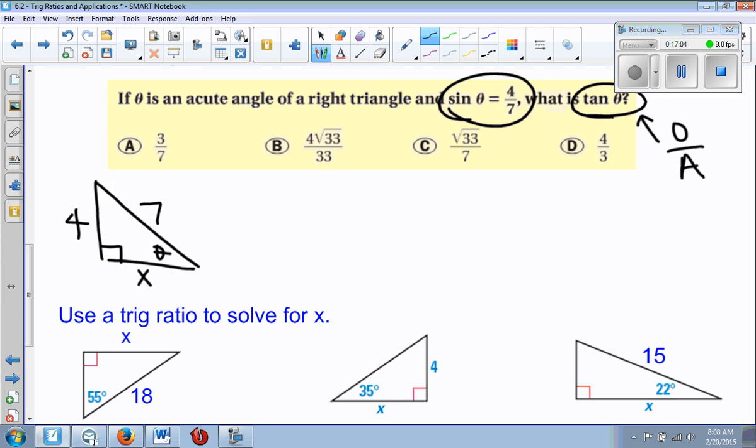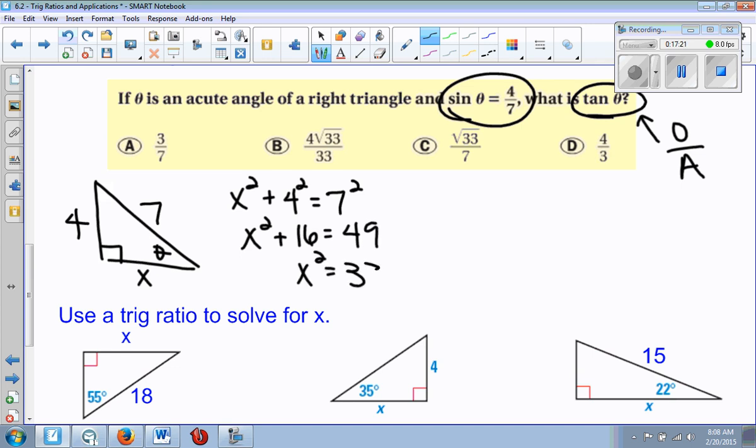Now, unlike the last one, this one isn't a triple. So I actually have to use Pythagorean theorem and figure out what that missing side length is. Let's see. 4 squared is 16, 7 squared is 49. Subtracting, you get 33, which means that that missing side is root 33.